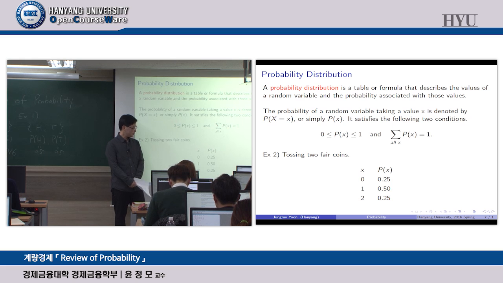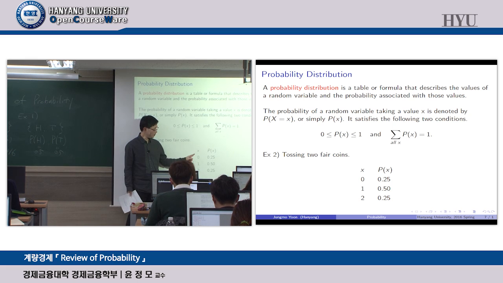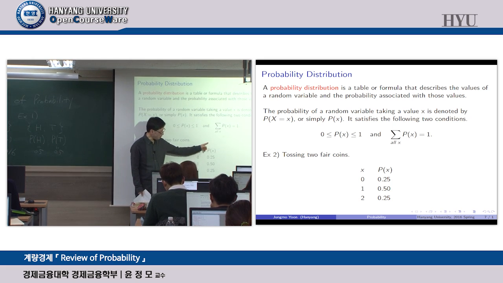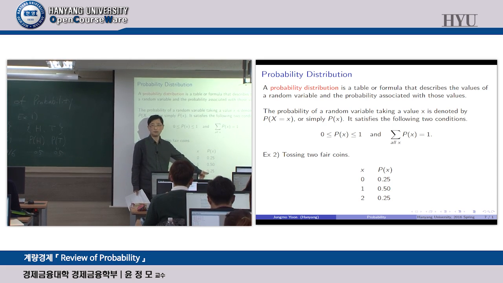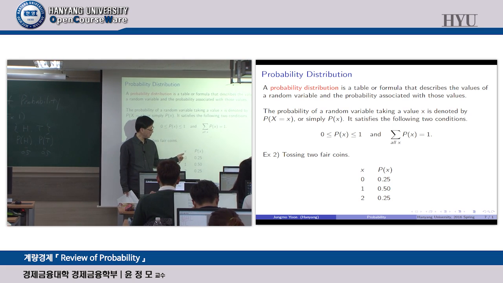You need 2 things. The first one is the value of the random variable. So this random variable can take 0, 1, or 2. It's the number of heads when you throw two coins. And then in the second column, you need probabilities of each number, each case of the random variable.